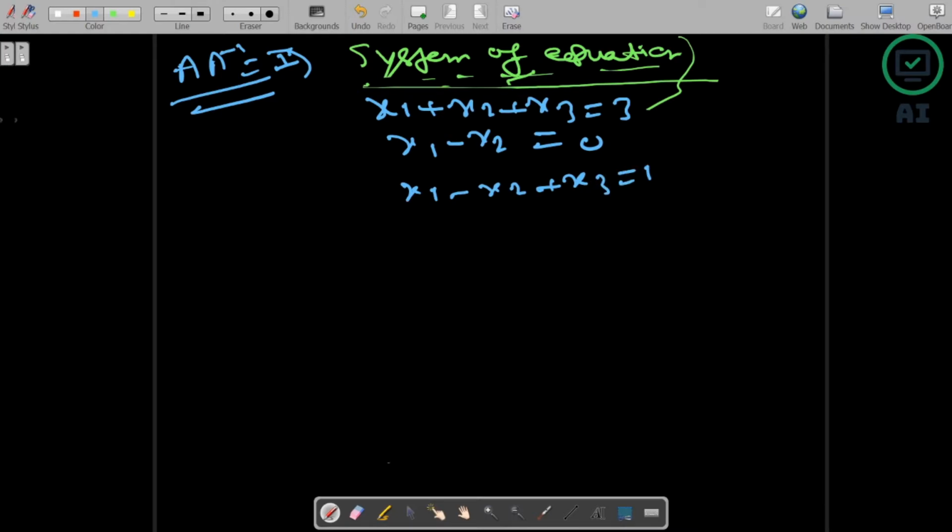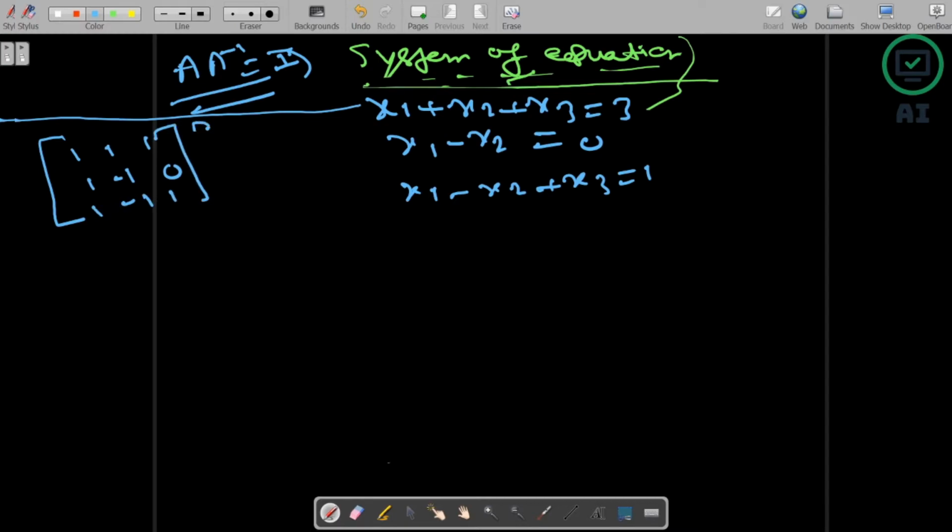Let's write this in the format of AX equal to B: the matrix [1, 1, 1; 1, minus 1, 0; 1, minus 1, 1] times [x1, x2, x3] equal to [3, 0, 1].